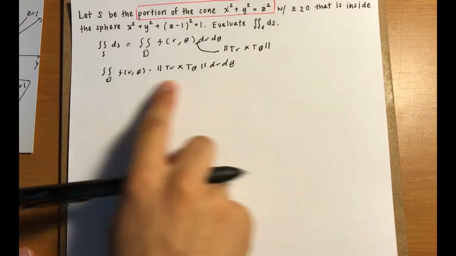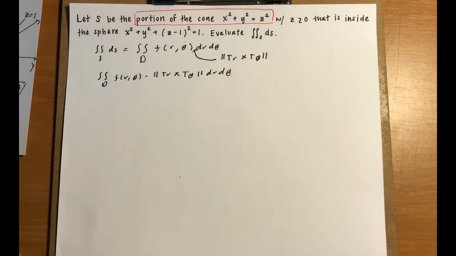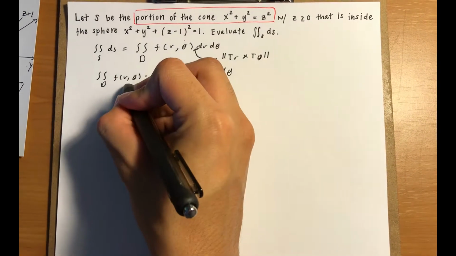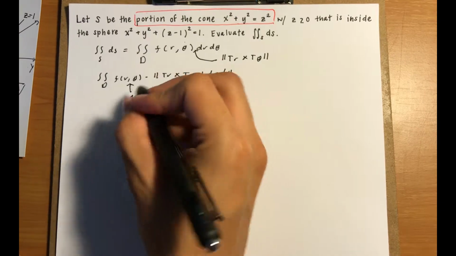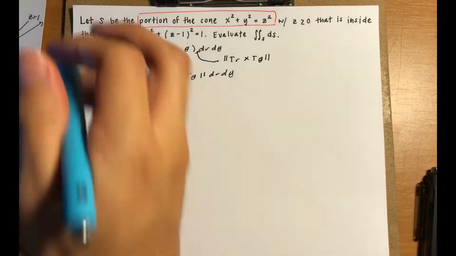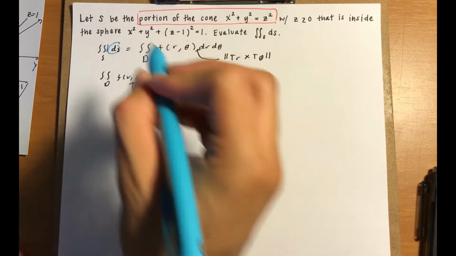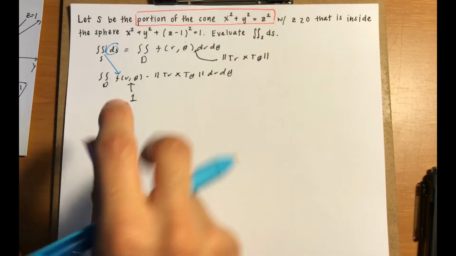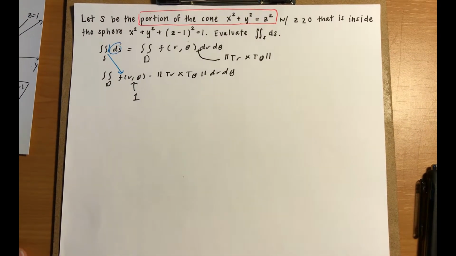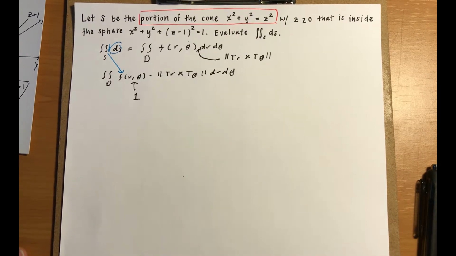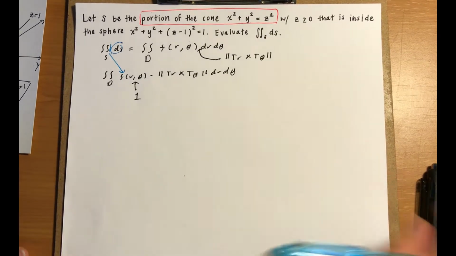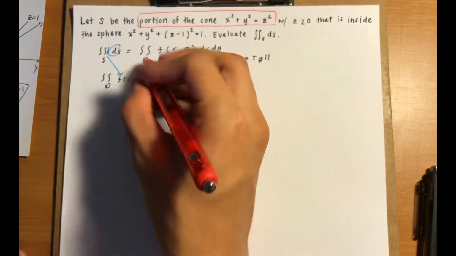This is the formula we're trying to meet. Here there's no function, it's just dS, so there's an imaginary 1 here. This 1 is f of r and theta, the function over the surface you're integrating. So now we're basically just solving for this.